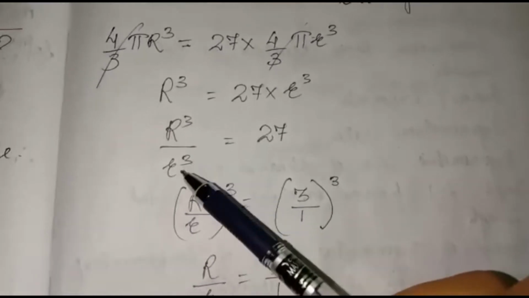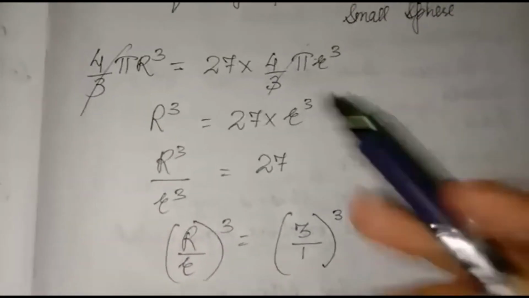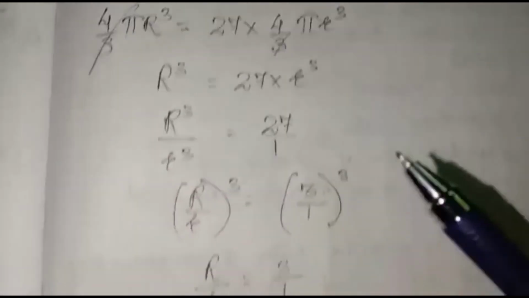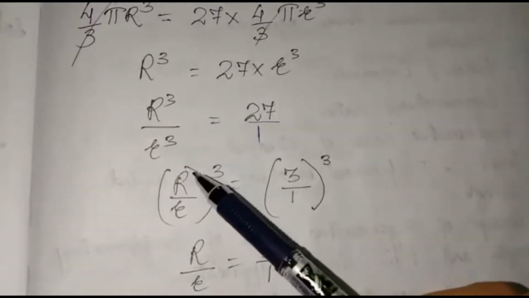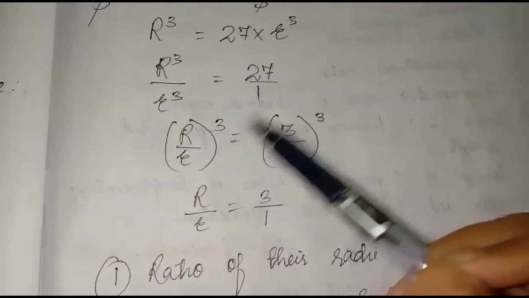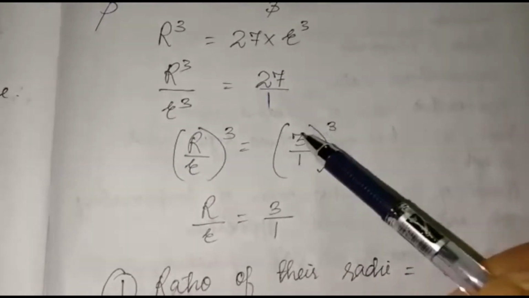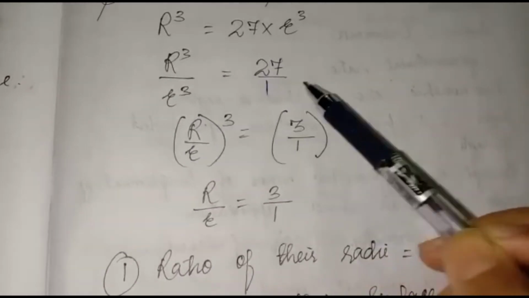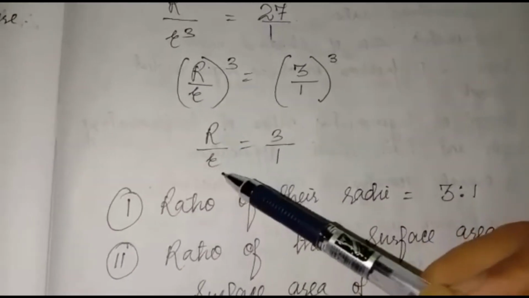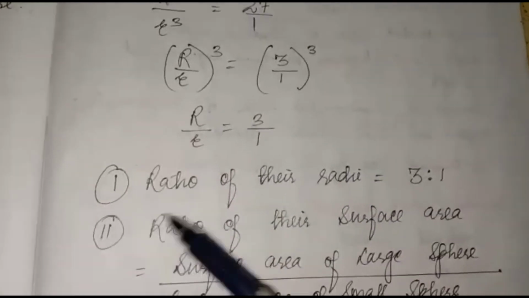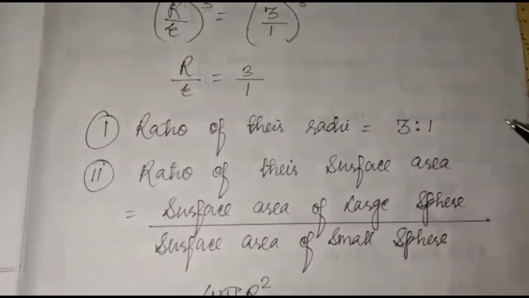So capital R cube by small r cube is equal to 27. Here you can add 1. So you can write this as capital R by small r whole cube is equal to 27, which is 3 cube. So 3 by 1 whole cube. Now cancel this cube. Capital R by small r is 3 by 1. So the ratio of their radii is 3:1.